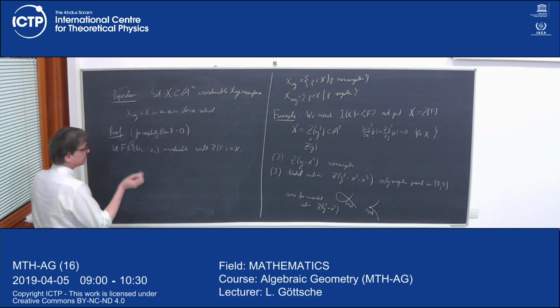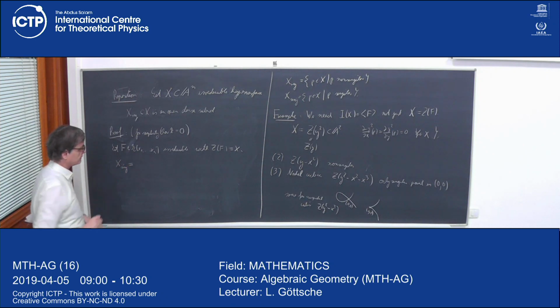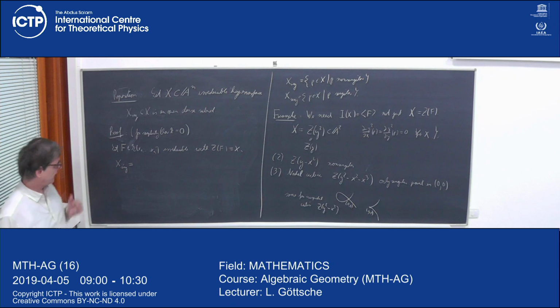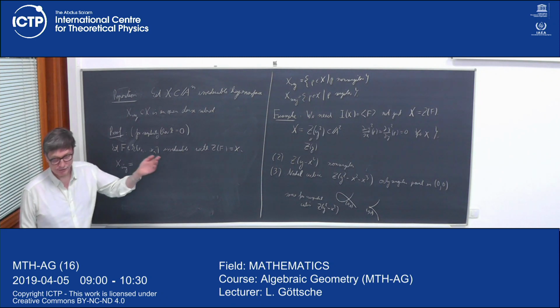Then we can describe the singular set. This is the set of all points in X such that f is 0, which means we are on X, and all the partial derivatives are 0, so that it's singular.